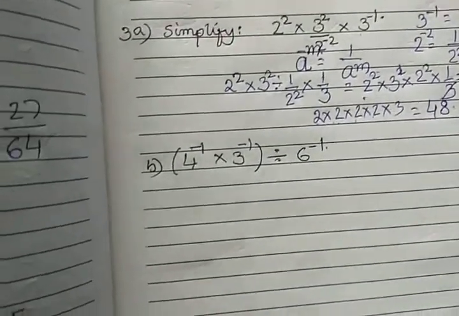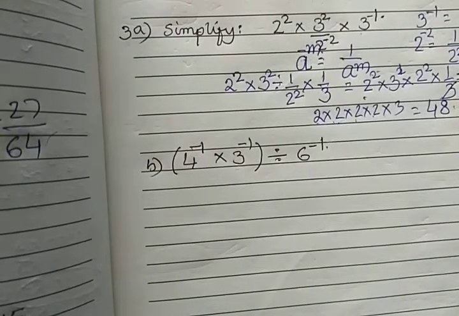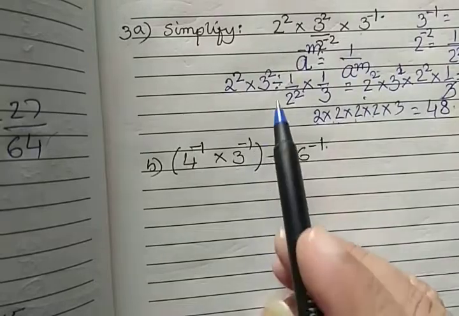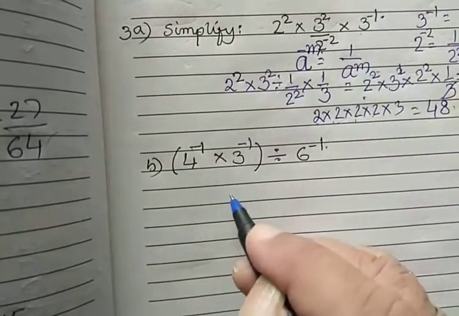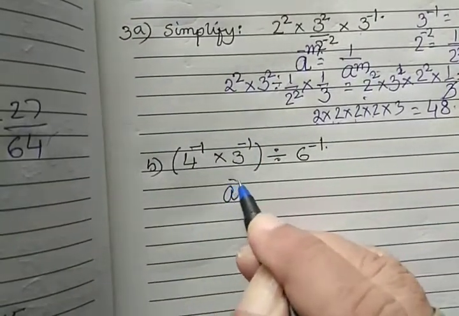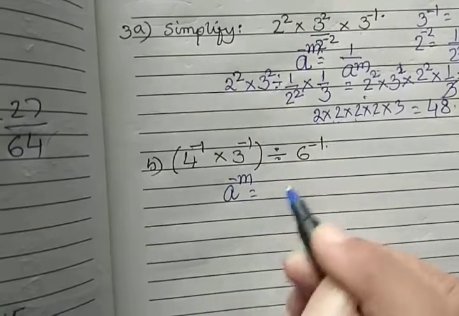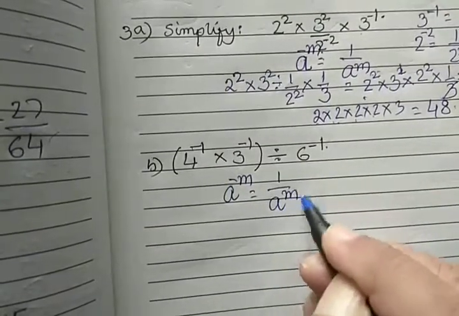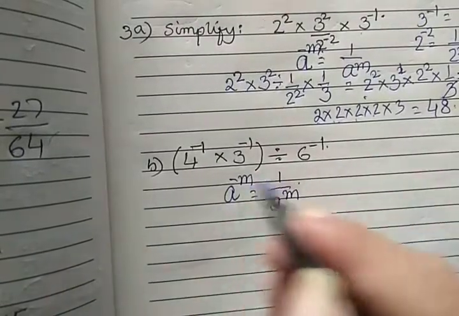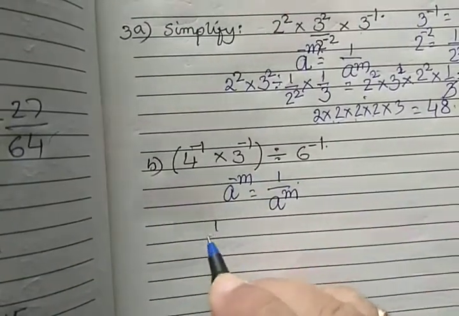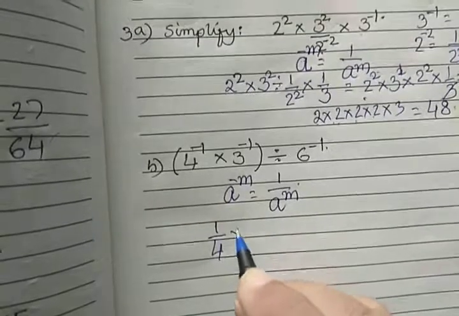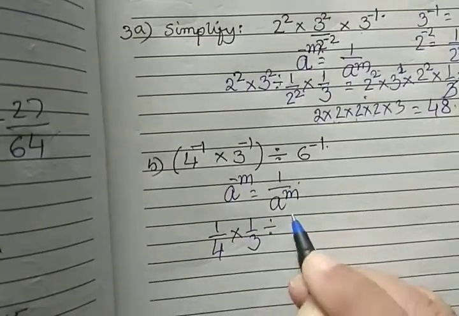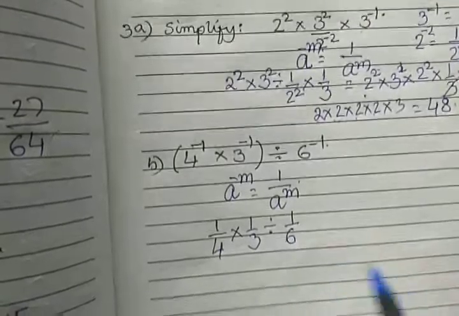So here you have one more problem. 4 to the power of minus 1 into 3 to the power of minus 1 by 6 to the power of minus 1. Same. a to the power of minus m is equal to 1 by a to the power of m. So like that let us write 1 by 4 into 1 by 3 divided by 1 by 6.